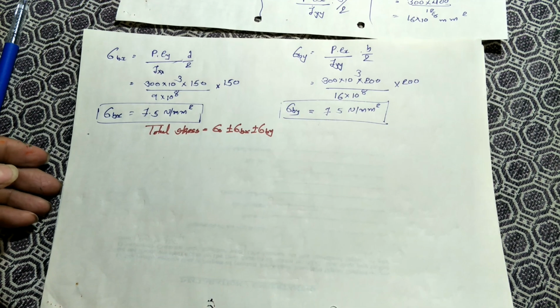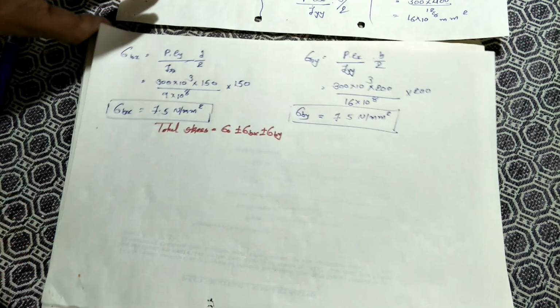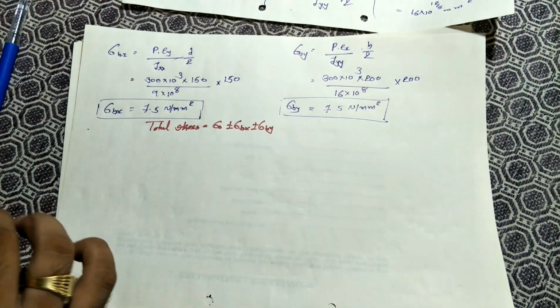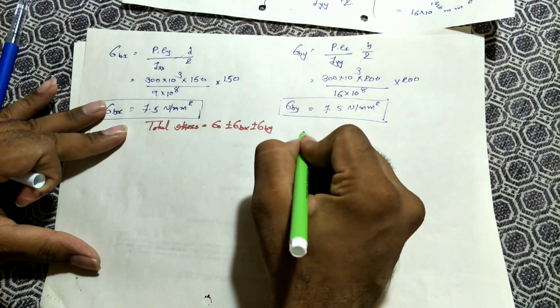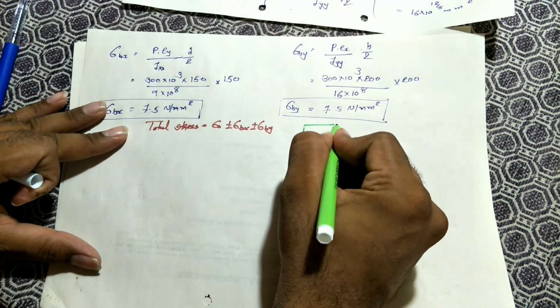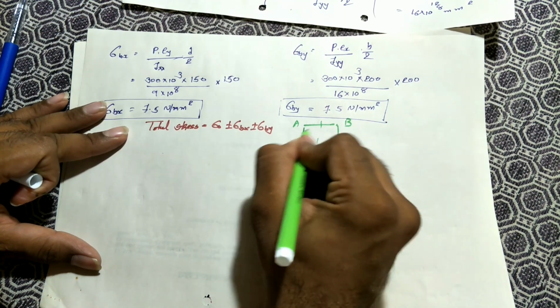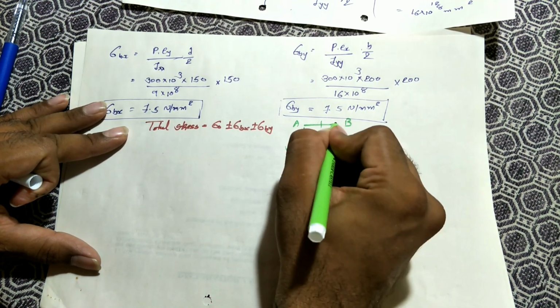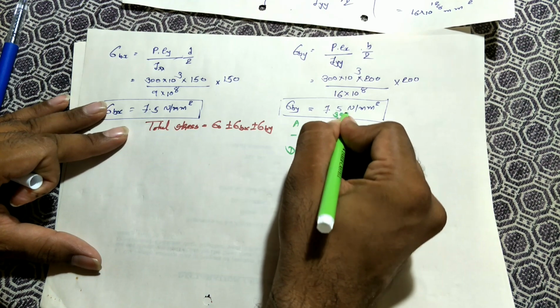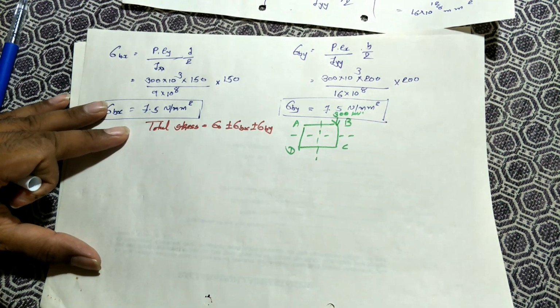If we try to calculate, let us draw a small diagram over here, that is your A, B, C and D. This is your 300 kilonewton.